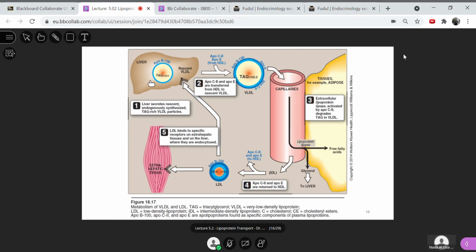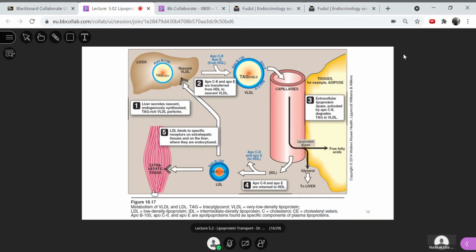So we try to compare and contrast in order to make it easier for you to understand rather than having to memorize. They are both synthesized as nascent particles, then released in the circulation. In the circulation, they pick up ApoC2 and ApoE from HDL, then they become the mature particles, chylomicron and VLDL.